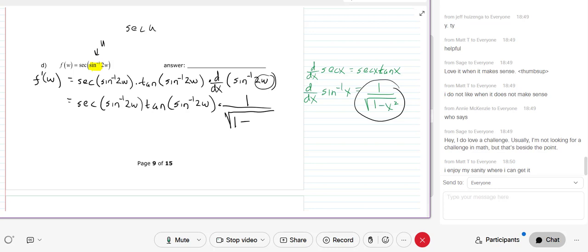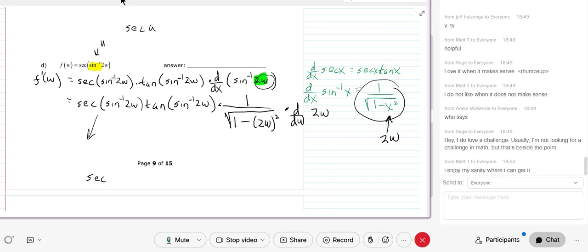We don't do 1 minus x squared, we do 1 minus 2w squared. But since that 2w is another function inside of a function, we also have to do the derivative of 2w to finish up the problem.